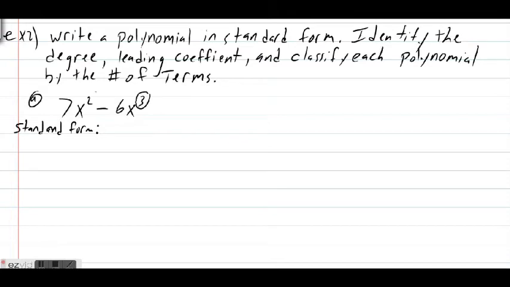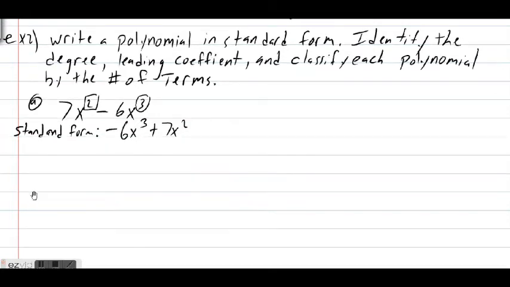So 6x to the third is negative, so that negative comes along with it. 7x squared is positive, so I put a plus 7x squared. The signs follow.